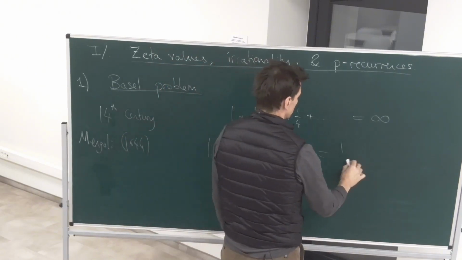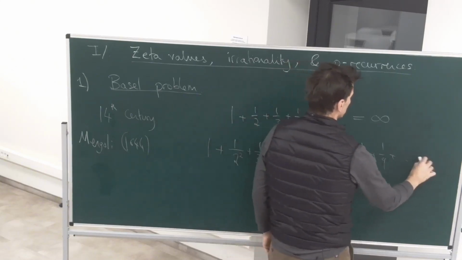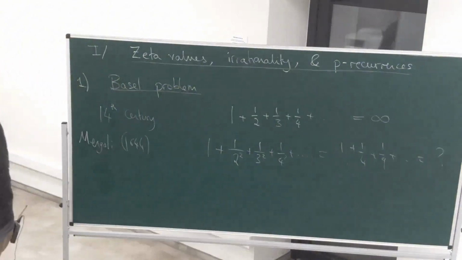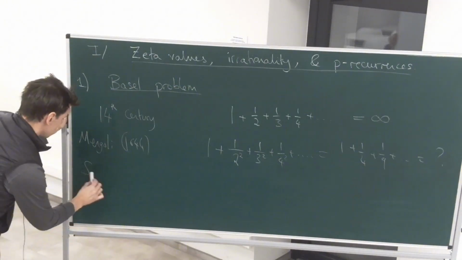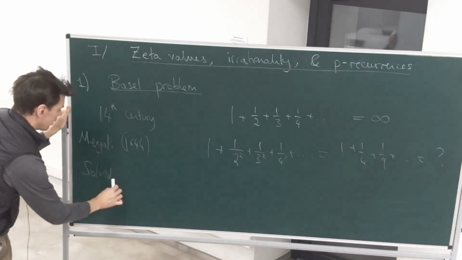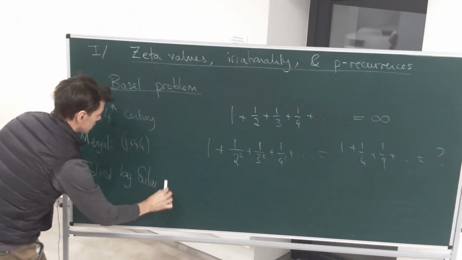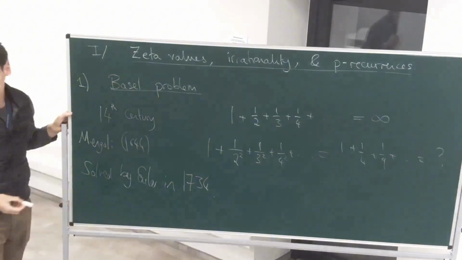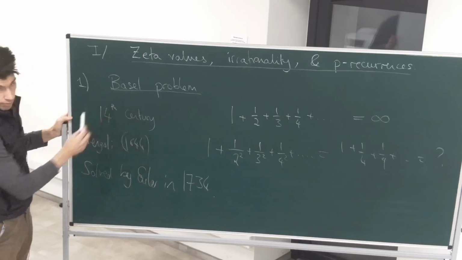So this is 1 plus 1 over 4 plus 1 over 9. What's this? This problem remained open for a very long time, and it was solved by Euler in 1734. And he immediately became extremely famous. It's called the Basel problem because Euler was from Basel.